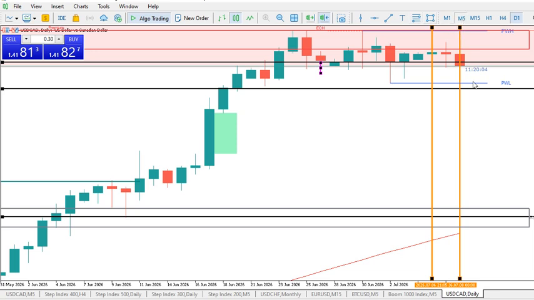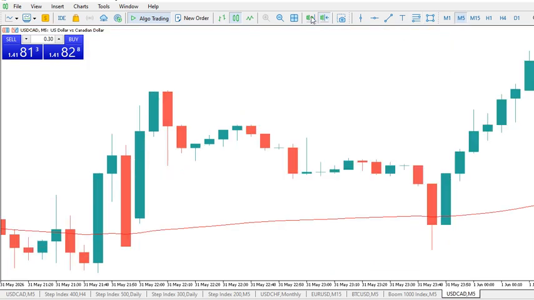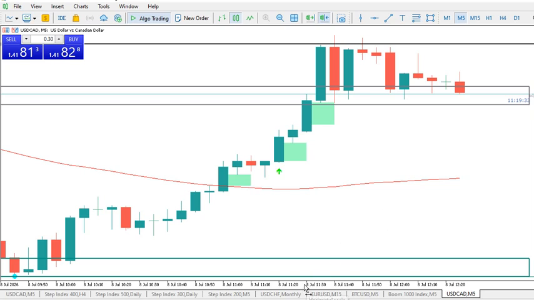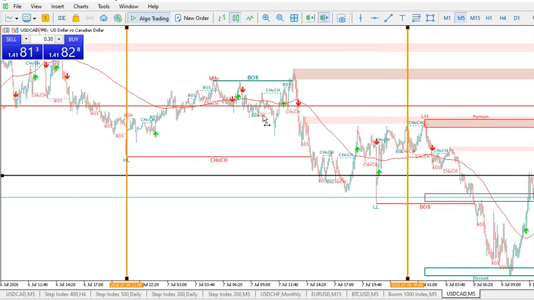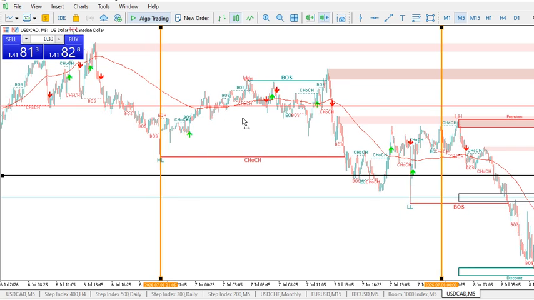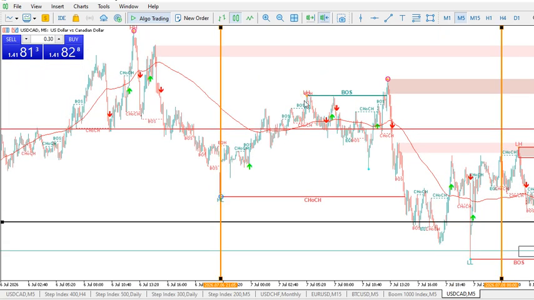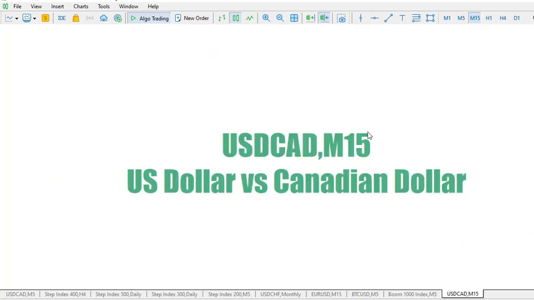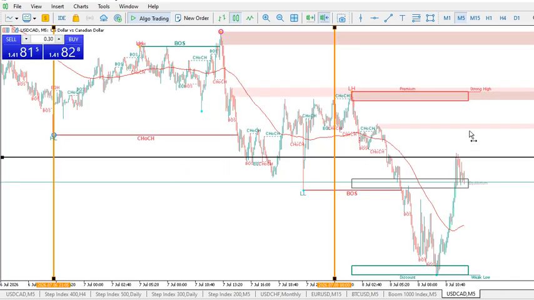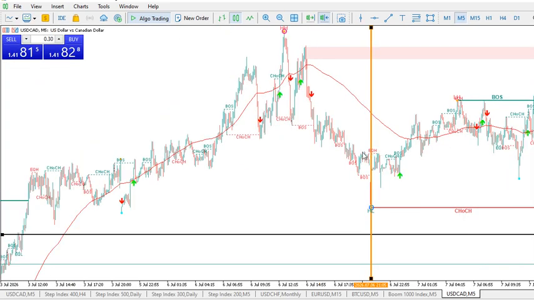Let's look at it. If we go down to our lower time frame where we take our entries, you would see that our first target has been met. Sorry, I'm back to 5 minutes.